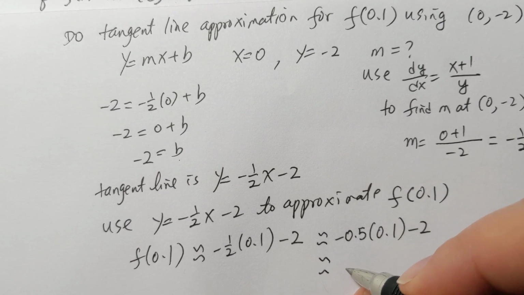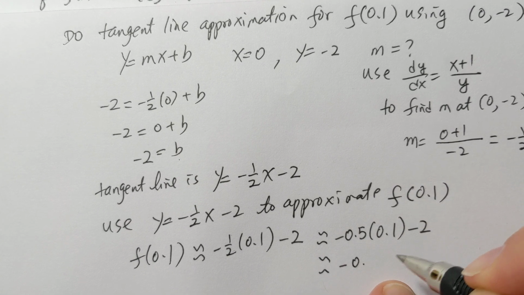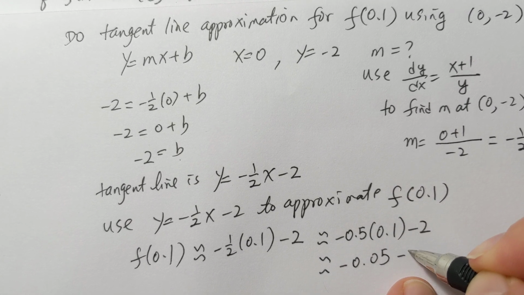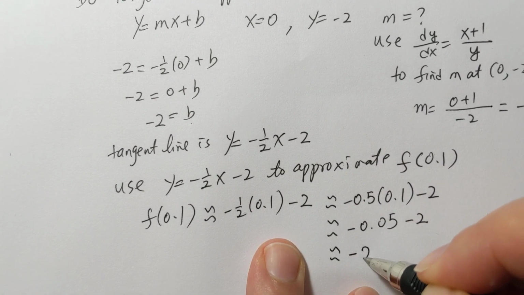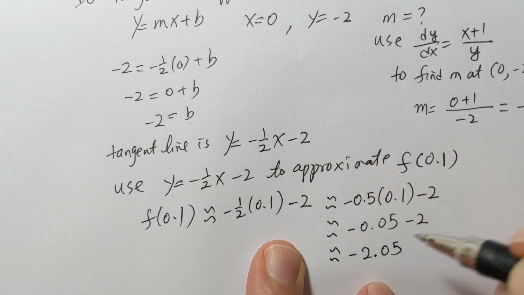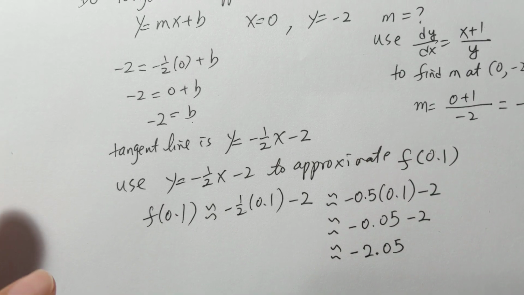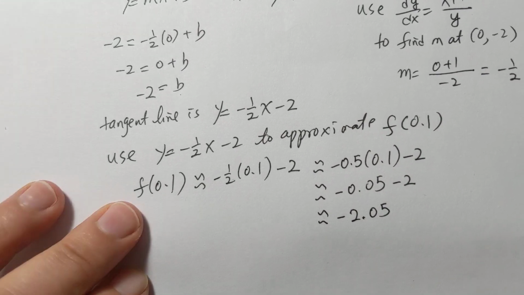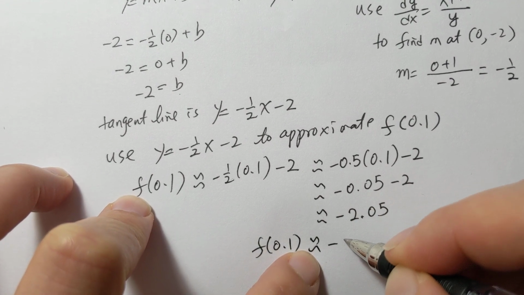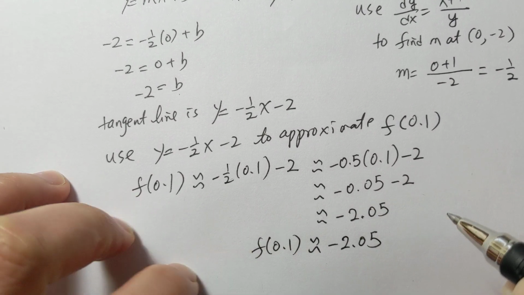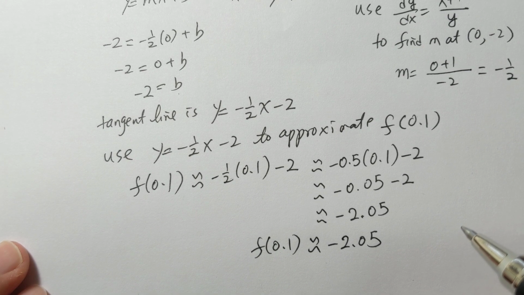That means you get negative 0.05 minus 2, then we get negative 2.05. So in conclusion, we say that f of 0.1 is approximately negative 2.05. So we finished question number 1.